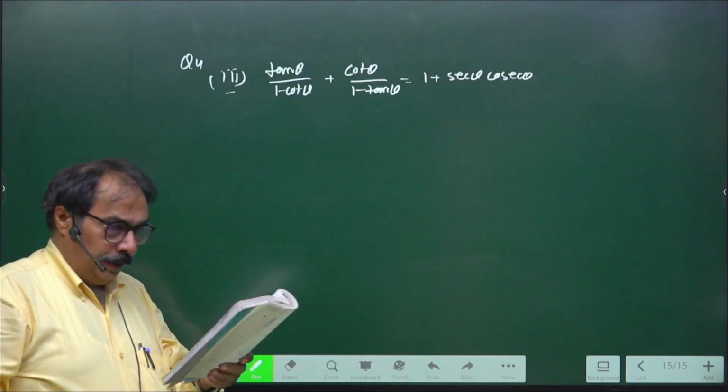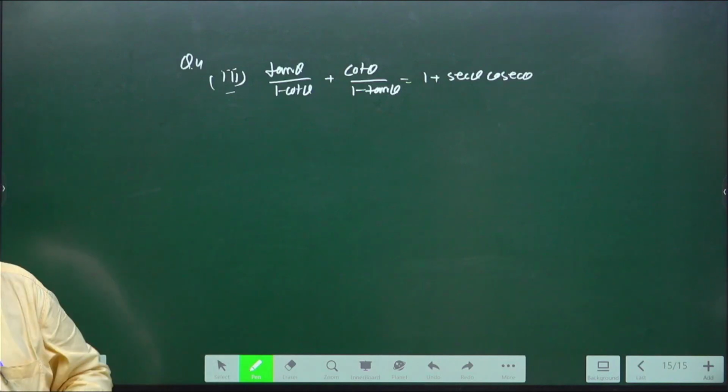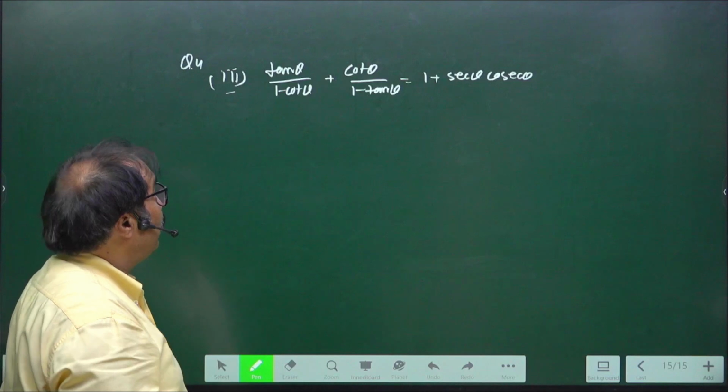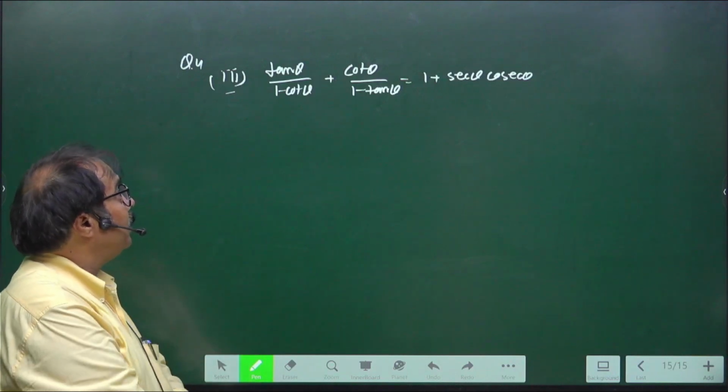This is the question. Tan theta upon 1 minus cot theta plus cot theta upon 1 minus tan theta is equal to 1 plus sec theta cosec theta, right?